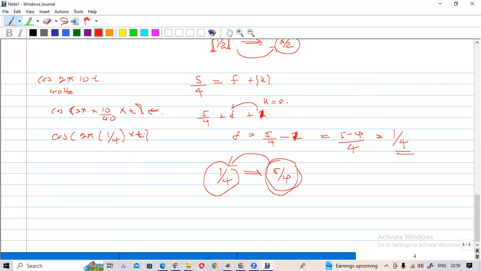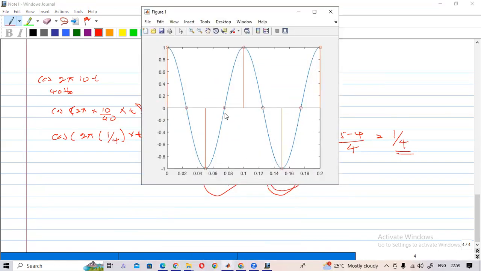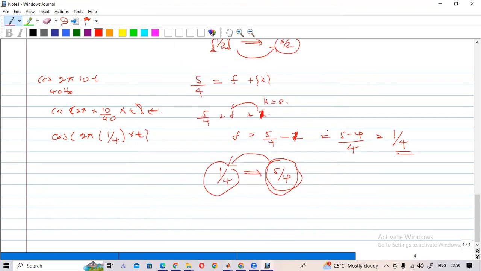Now you can see that in the sampled signal also, the period is 4. The period will be 4. That means the sampled signal's normalized frequency also will be 1 over 4. This is n, and this is n.